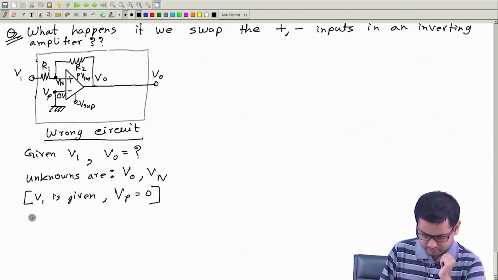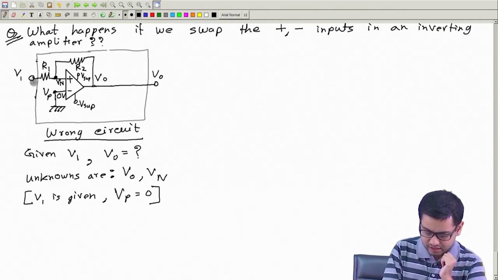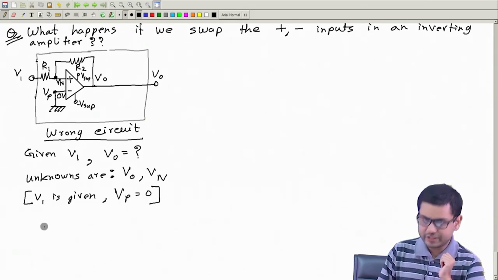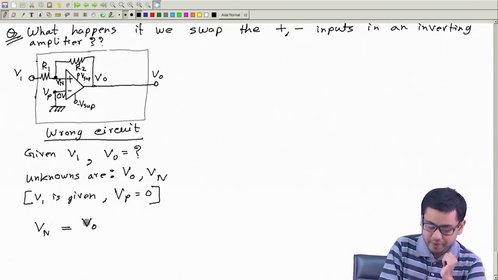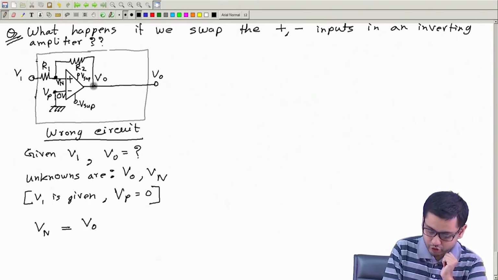We can find the current here and then apply the potential divider rule, which we did before. Let me write it quickly. So Vn will be equal to some sort of average of VO and V1, because Vn is in between VO and V1.